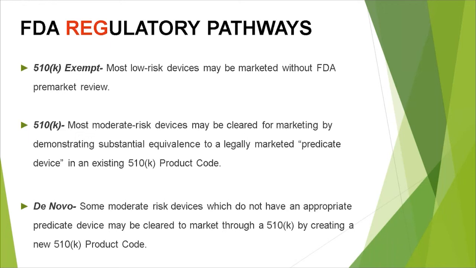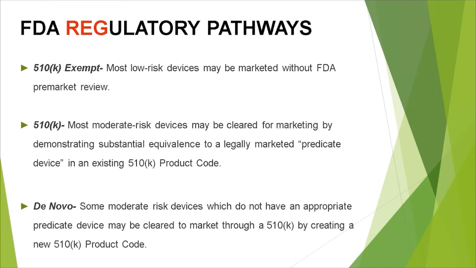What FDA is saying is that they're not guaranteeing the safety or effectiveness, they're just claiming that the device is equivalent to products already legally on the market. And that's where the predicate comes in. So we find a predicate device similar to your device, and we take on that product code and we design the 510K around that substantial equivalence discussion.